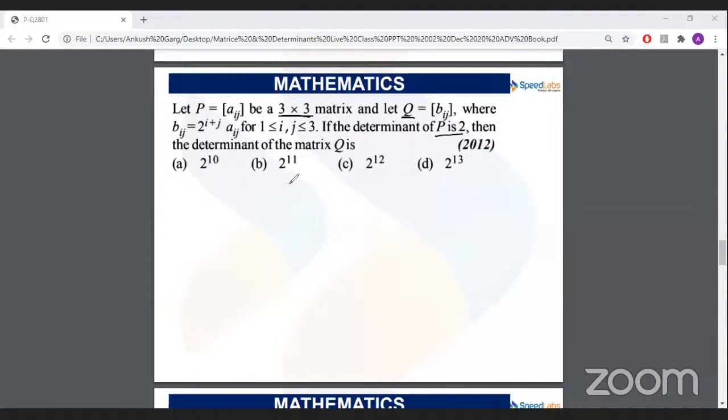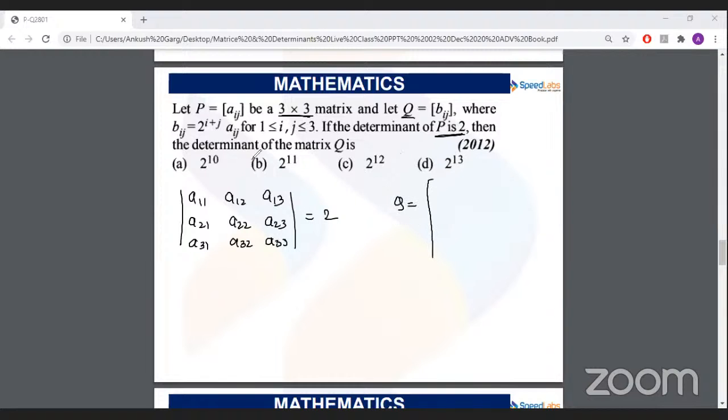So if the determinant of P is 2, you have to find the determinant of this matrix Q.